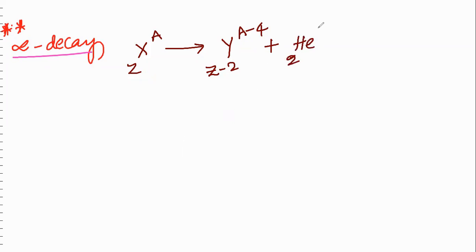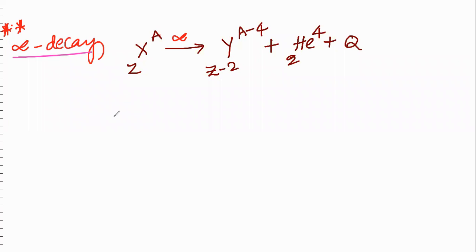Alpha particle is nothing but a helium nucleus. So whenever a nucleus decays, it releases the alpha particle. Atomic number is reduced by 2 units and mass number is reduced by 4 units.